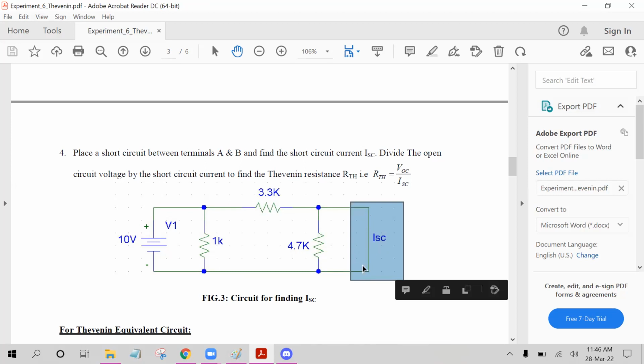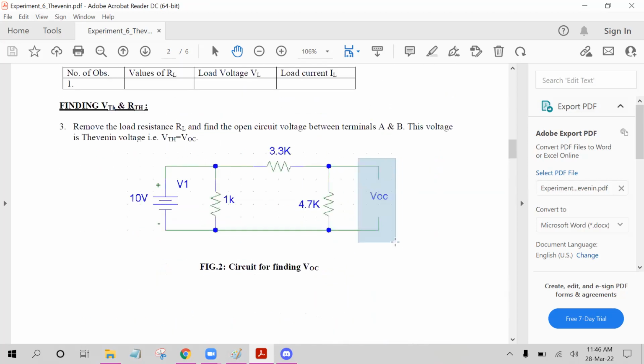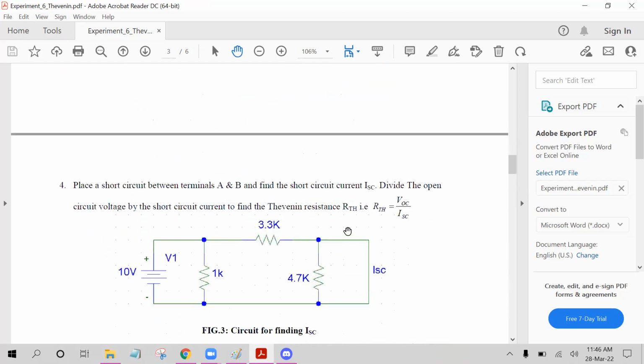Now what we are going to do is create a short circuit between the load resistor terminals. Look here, it was an open circuit and now we just created a short circuit. After creating this short circuit, we need to measure the short circuit current, ISC.